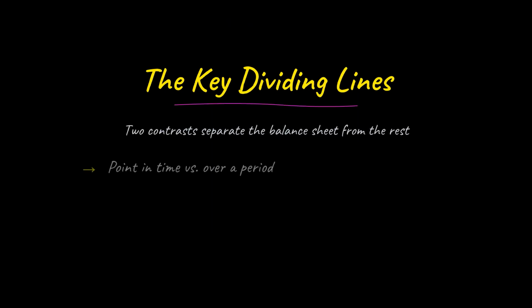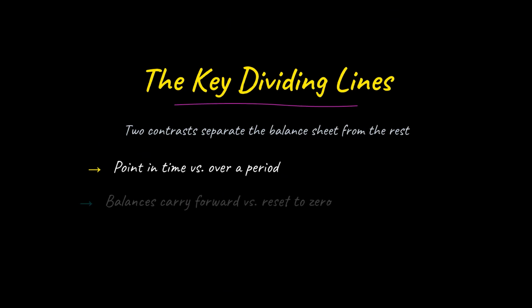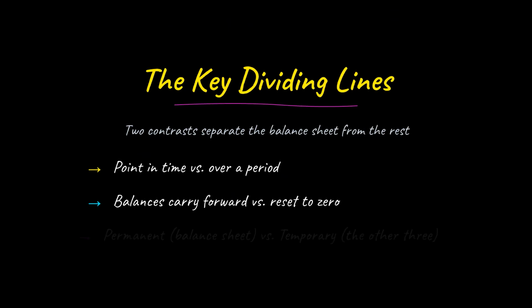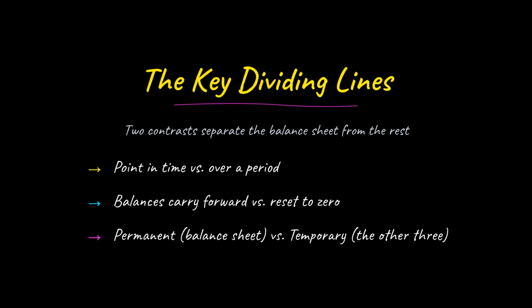The exam tests two related contrasts: point in time versus over a period, and balances carried forward versus reset to zero. The balance sheet is the lone permanent statement, a photograph of one moment, while the income, owner's equity, and cash flow statements are temporary recordings that close out every year.